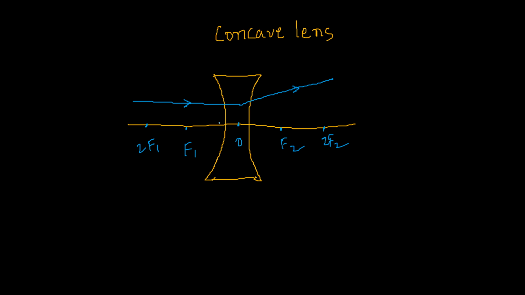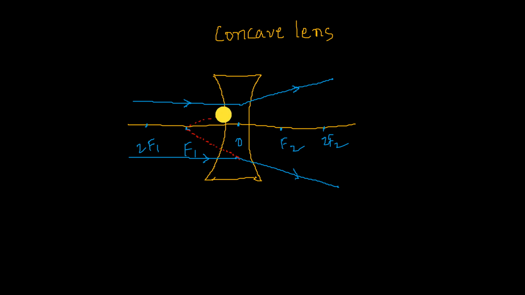As it is a diverging lens, whenever the light rays fall on it, they diverge. If you observe carefully, the light rays are diverging. The divergence should be shown at the center of the lens. If you extend those light rays, these are the refracted rays.